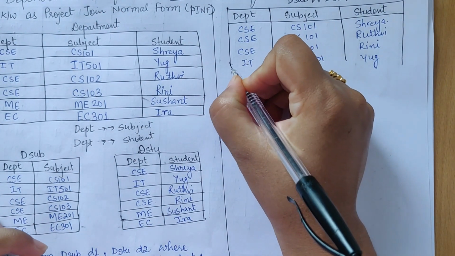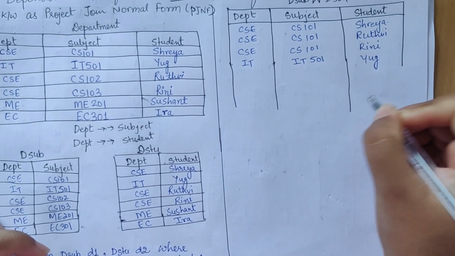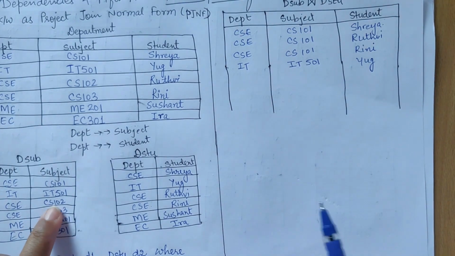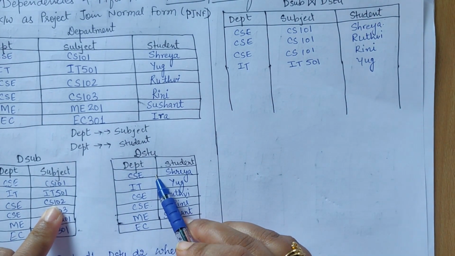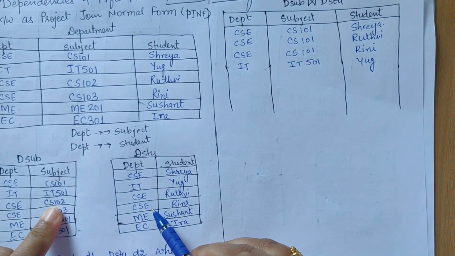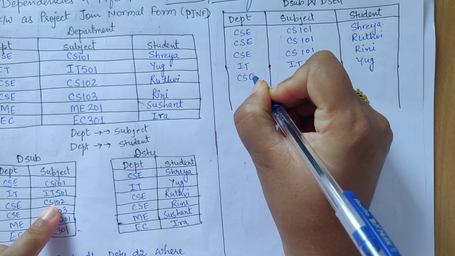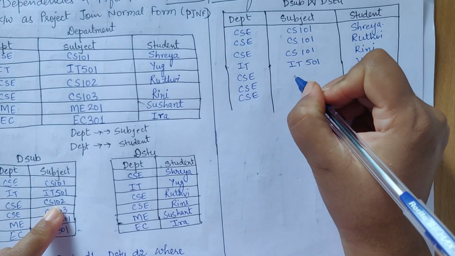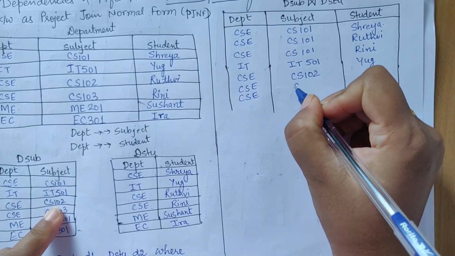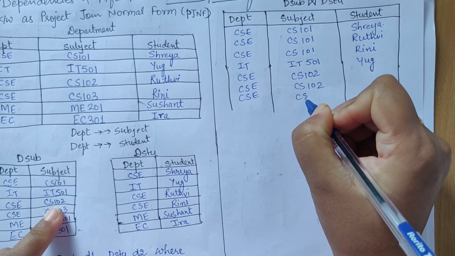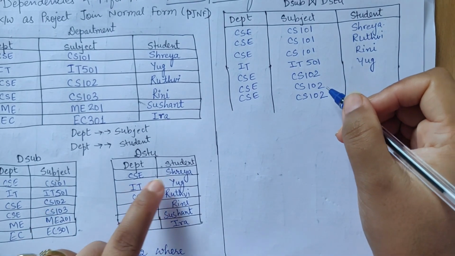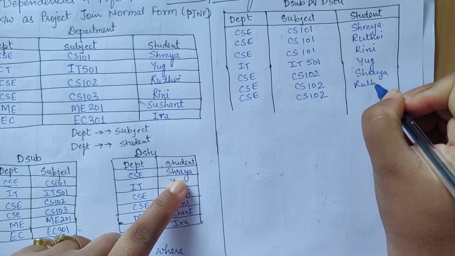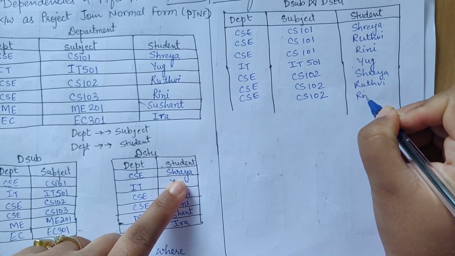So similarly, for all the departments, it will get joined like this. After this, CSC102: first CSC it will find here, second CSC here, and third CSC here. So again we will get three tuples for this CSC102. Subject code will be 102 for all three tuples, and student will come as Shreya, Rutvi, and Rini.